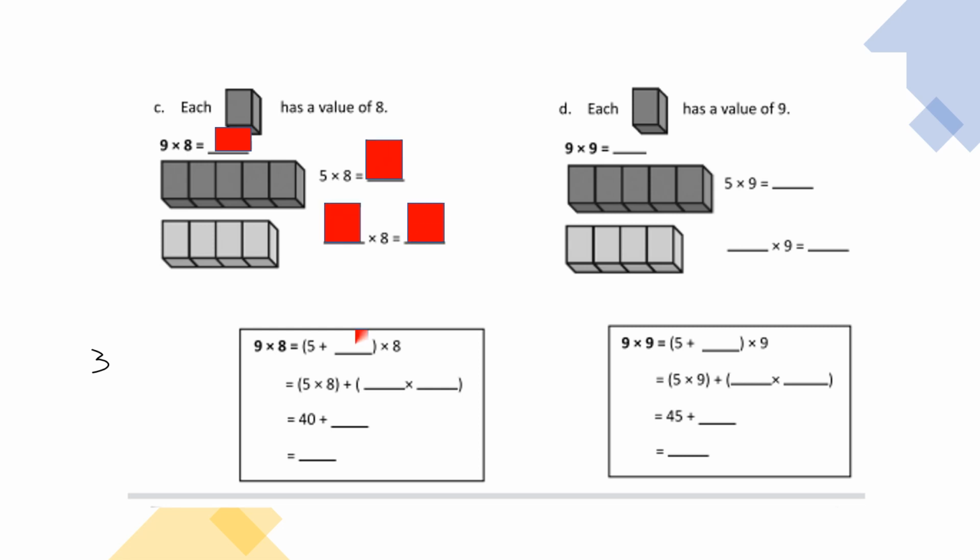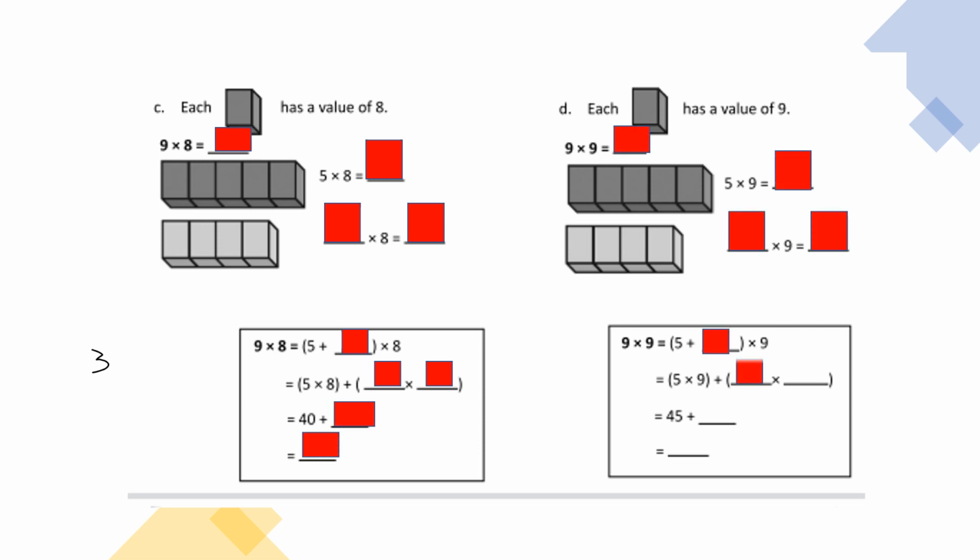All right, now as we look at 1C, we notice that each unit there has a value of 8. So that means that each one of those little unit cubes has a value of 8. And the equation that we are going to be working on for 1C is 9 times 8.